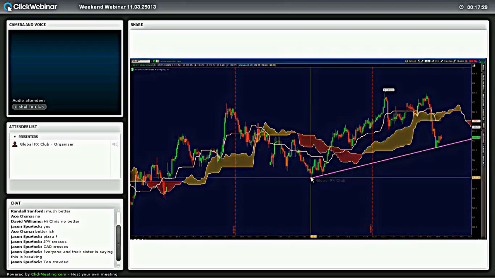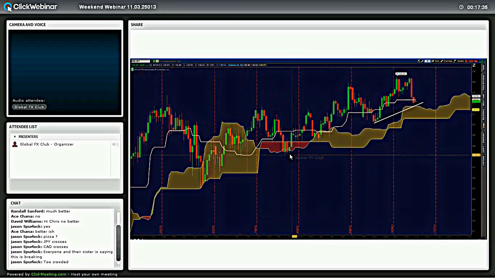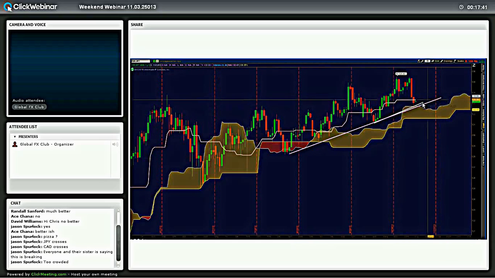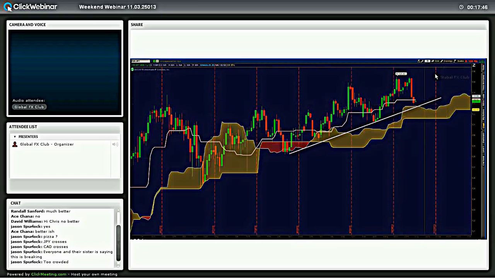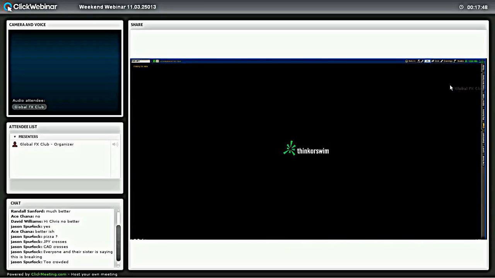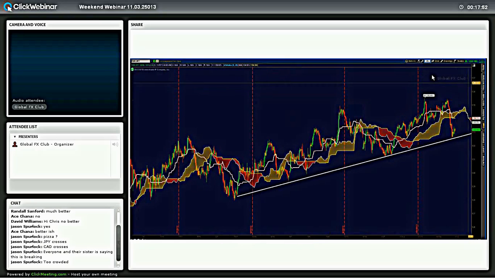Just want to make sure that this trend line does not go any deeper. We have an ascending trend line.